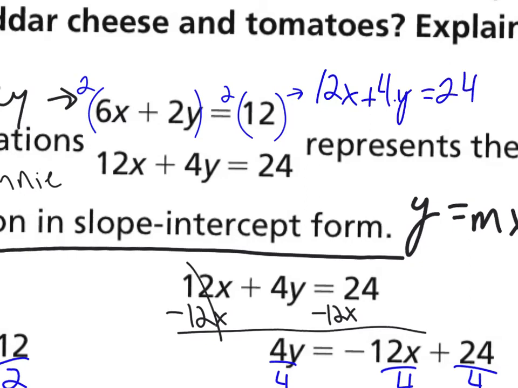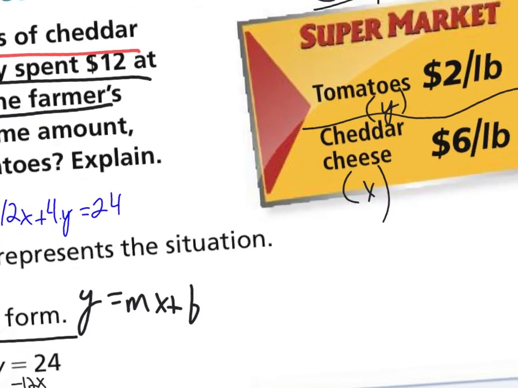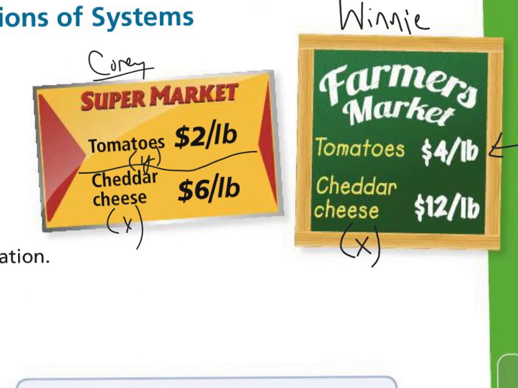Okay? So that gives us an equivalent equation. That means that those are going to be the same equations, and we're going to have infinitely many solutions. Basically what it boils down to on this problem, if you look at all the numbers, it just happened that everything was twice as expensive at the farmer's market than the supermarket.